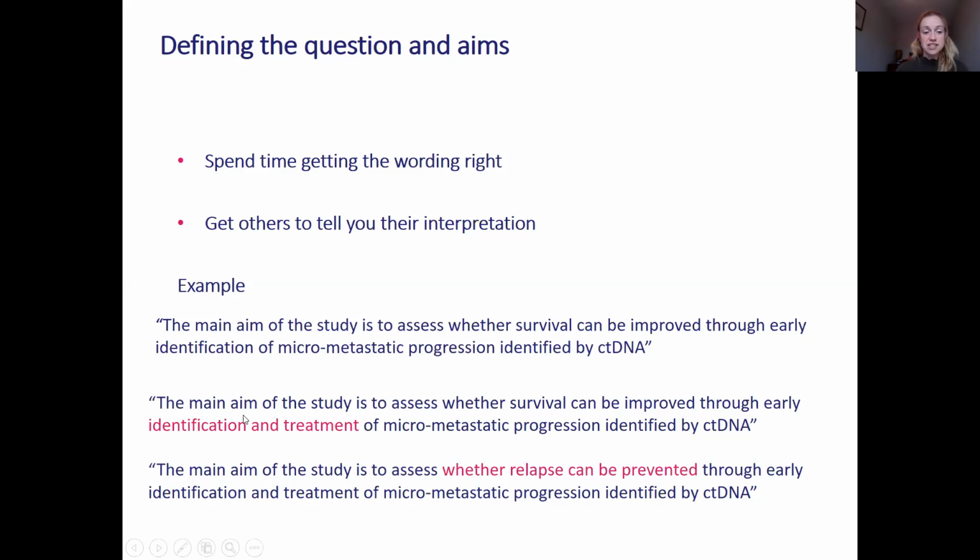And then what I've just done there is added in 2 words, "and treatment", and it completely changes the objectives of your study. So then it becomes a treatment-based trial, and that's obviously a whole different ball game. And then if you change the wording to say whether relapse instead of survival could be prevented, then again, that completely changes your primary endpoint for your trial.